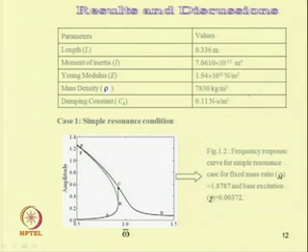In this case, for simple resonance, it can be seen that the system has only non-trivial response. Up to this the system has a stable branch, then an unstable branch shown by this dotted line, and then a stable branch again.